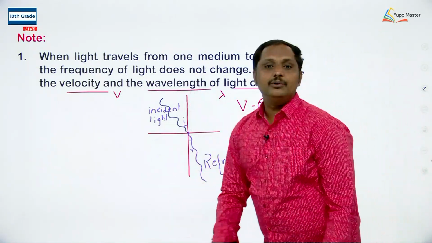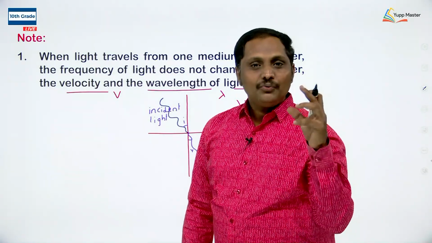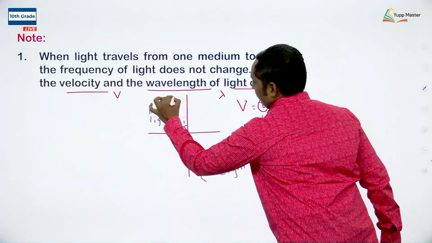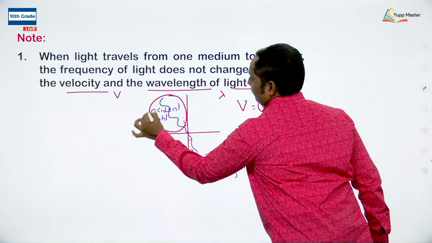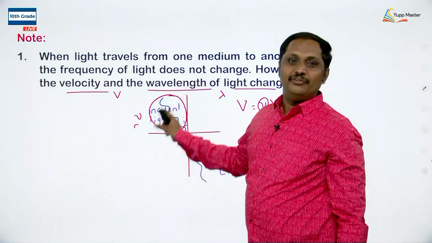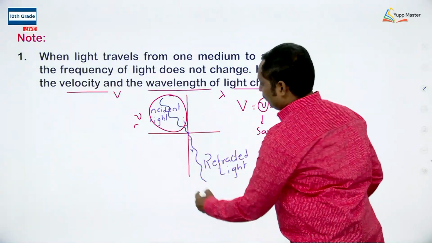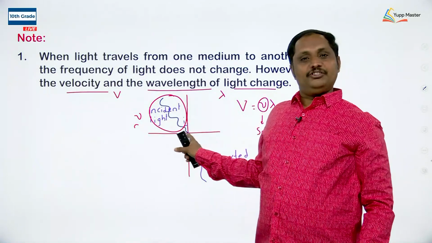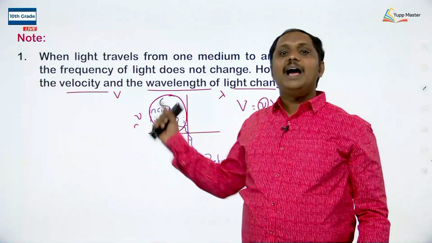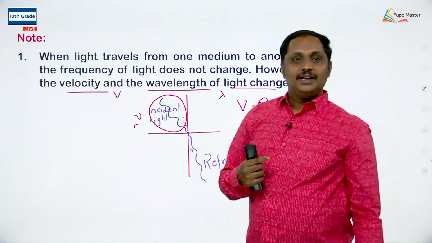Now, frequency means the number of oscillations made in 1 second. Here the number of oscillations remains the same. Suppose the number of oscillations is 1000 per second. Here also it is the same, the number of oscillations made in 1 second is 1000, but there might be a difference in wavelength and velocity.